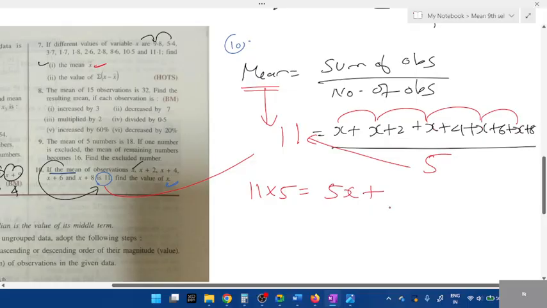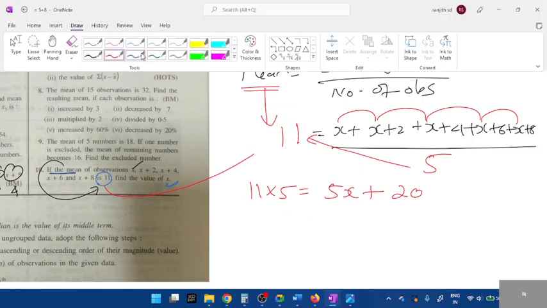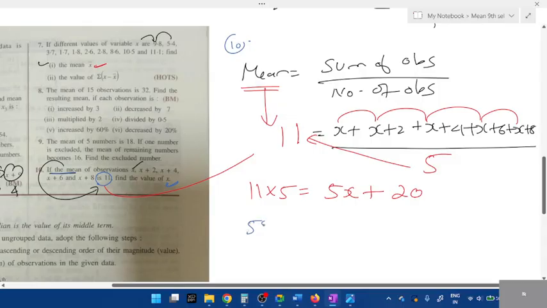Add the numbers. 21 or 20? 20. If you want to find x, how do you solve this equation? 11 into 5 is? Find the value of x, all of you. Is this clear? Did you understand?